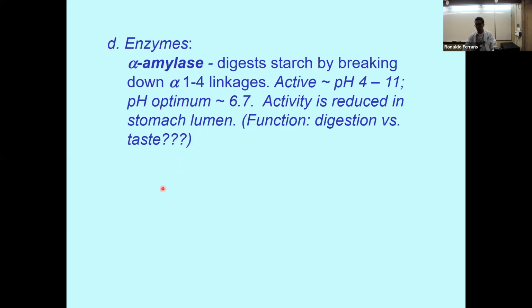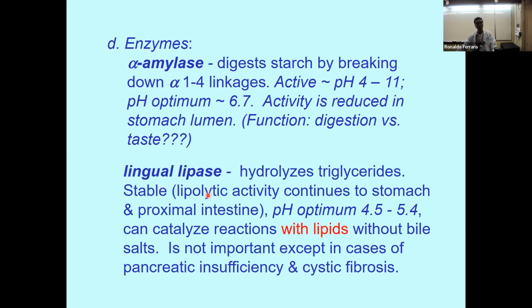And then you also have lingual lipase. As the name implies, this is an enzyme that can digest lipids, hydrolyzes triglycerides, and it's stable. Its activity continues in the stomach, and it's specialized in that it can catalyze and hydrolyze lipids without bile salts.